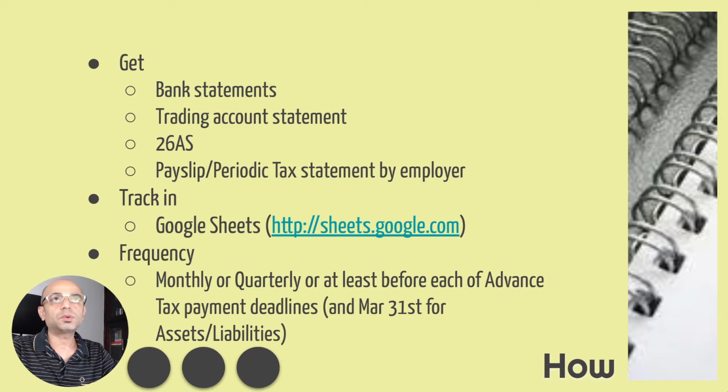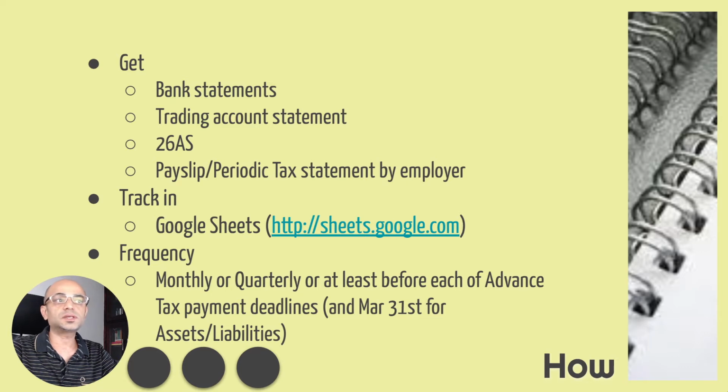It may be the employer or the bank. And your employer's payslip or the periodic tax statement to get an idea about your overall salary. And you can track these things in a Google Sheet.